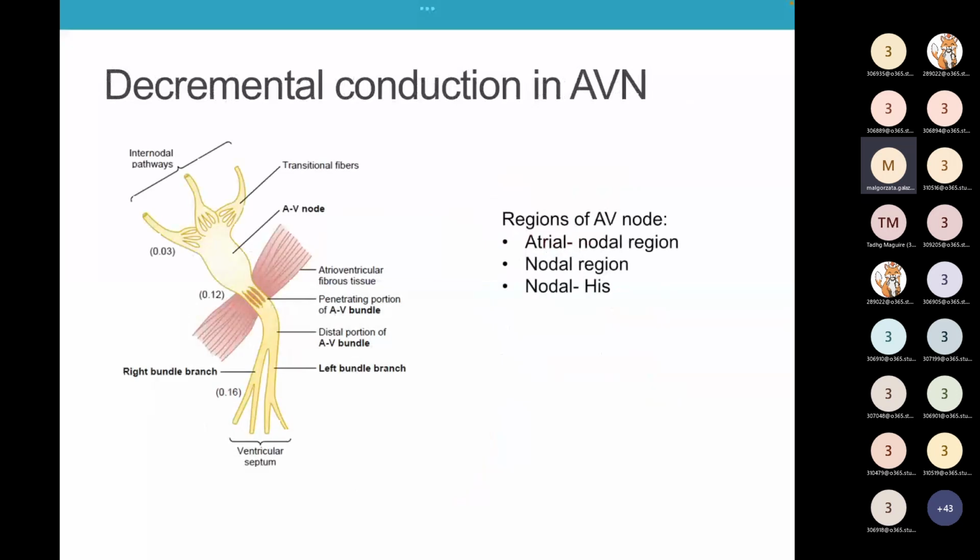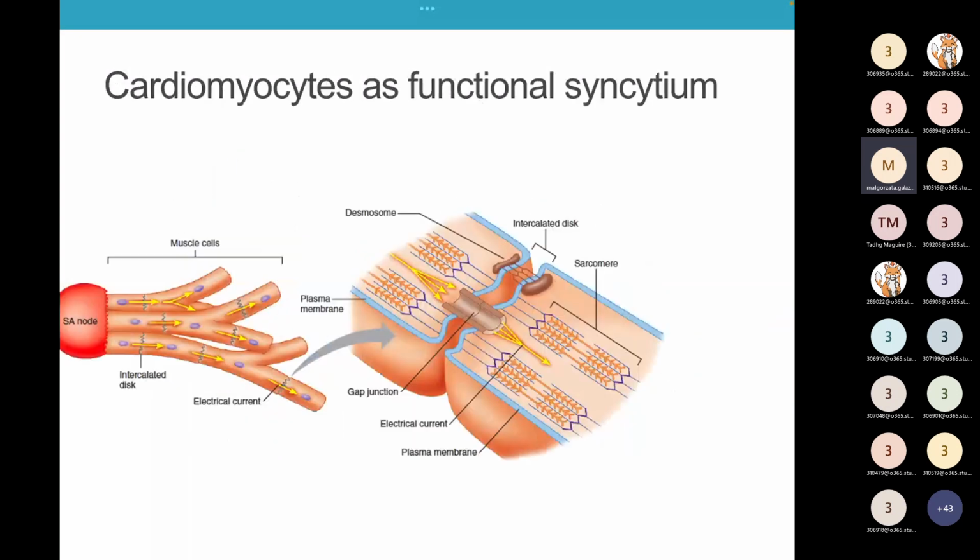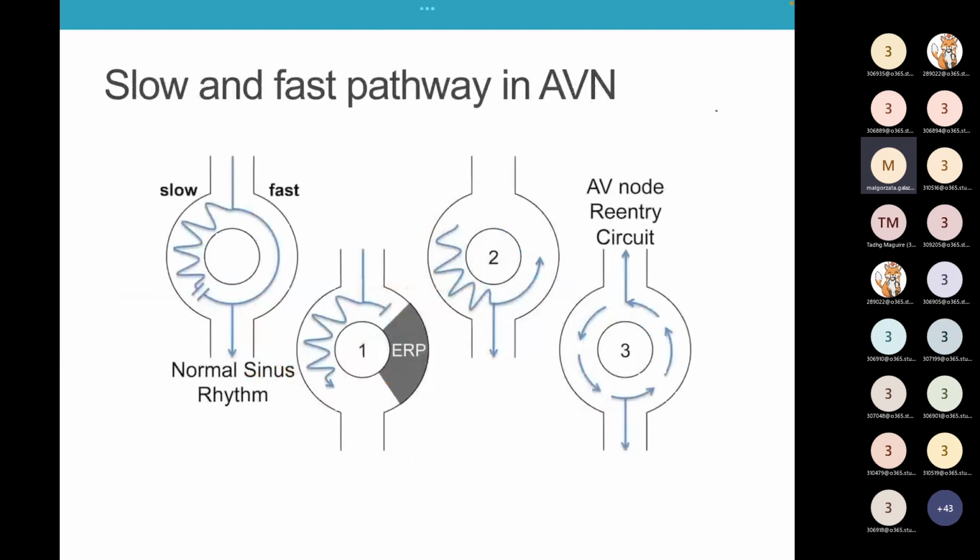The AV node is not only characterized by decremental conduction, but also by two pathways by which the action potential can propagate along the AV node, the fast and the slow pathway.